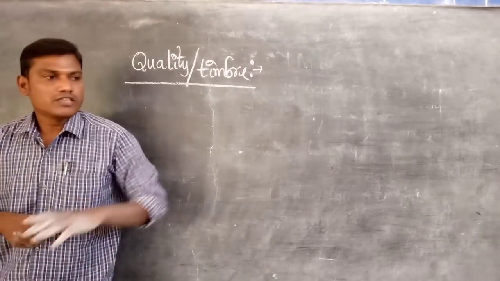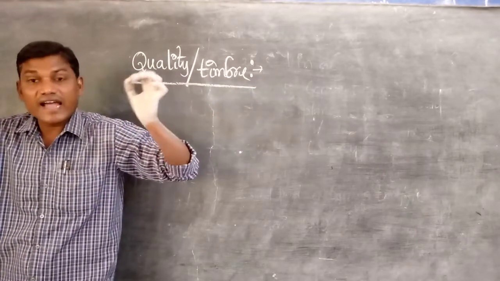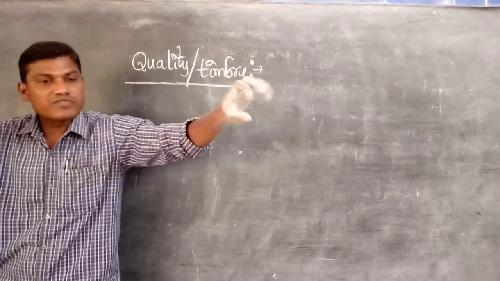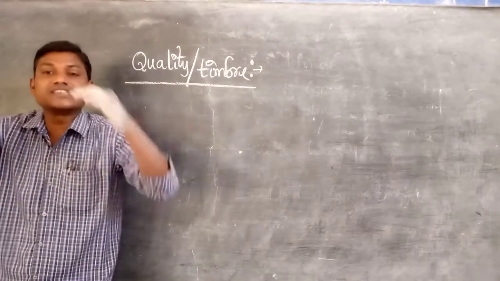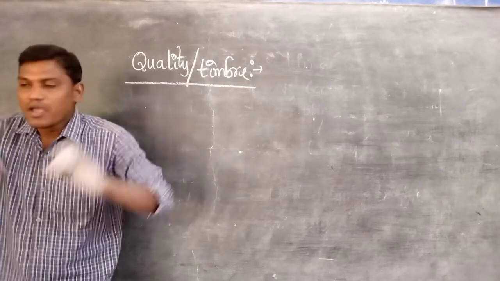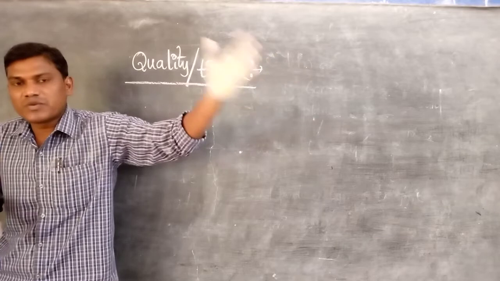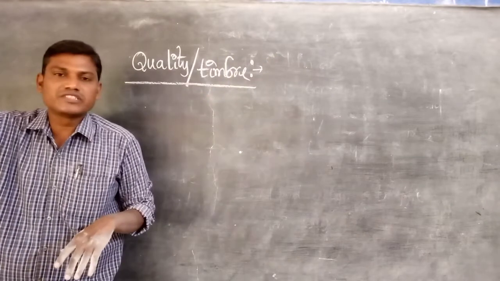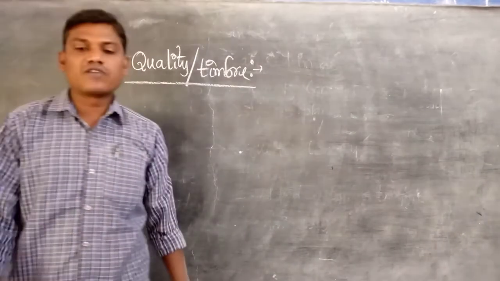The sound reaches your ear simultaneously from the guitar and sarod, but you observe that the quality is different. Based on that quality, we can easily identify which sound is coming from the guitar and which from the sarod. That is the use of the quality.